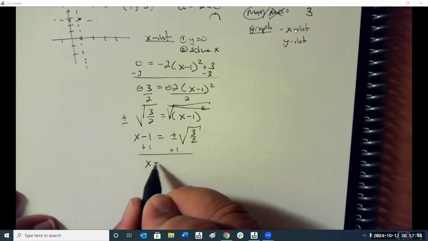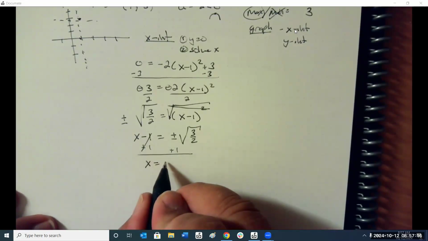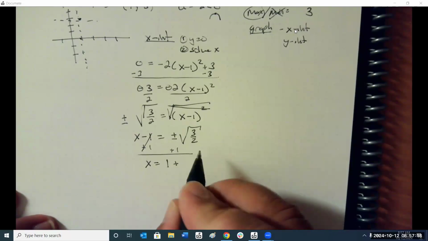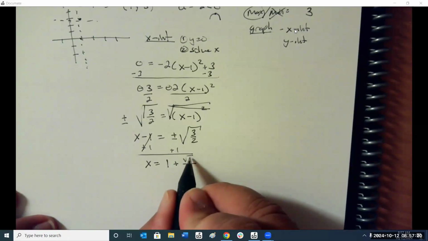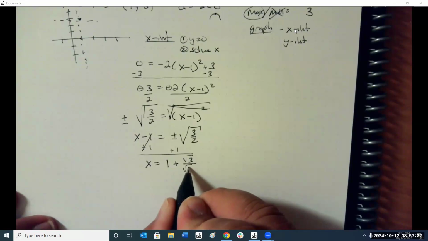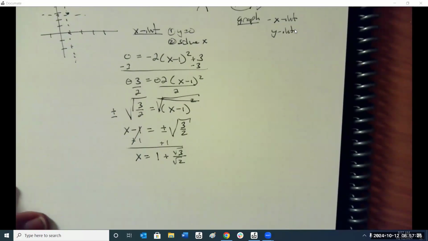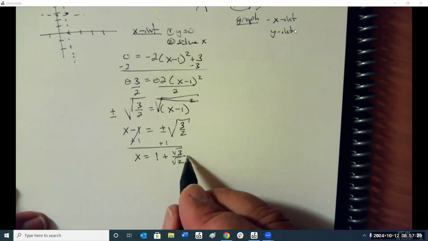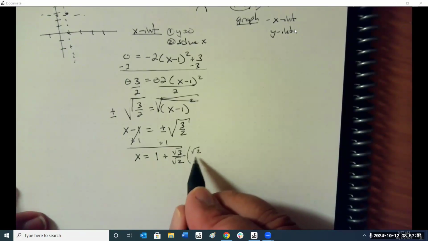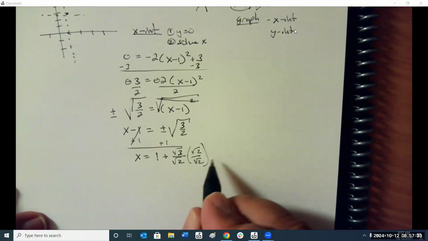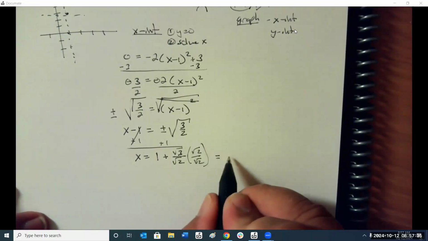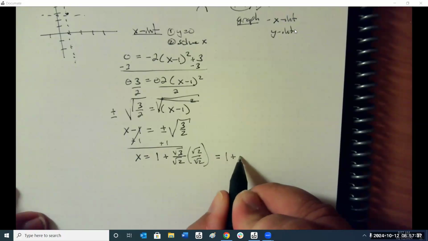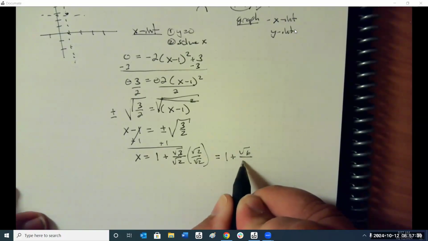So x equals 1 plus or minus square root of 3 over square root of 2. Now remember, you cannot have square roots on the bottom, so we multiply top and bottom by square root of 2, and that gives us 1 plus or minus square root of 6 over 2.